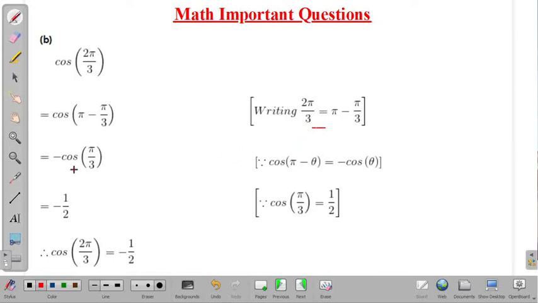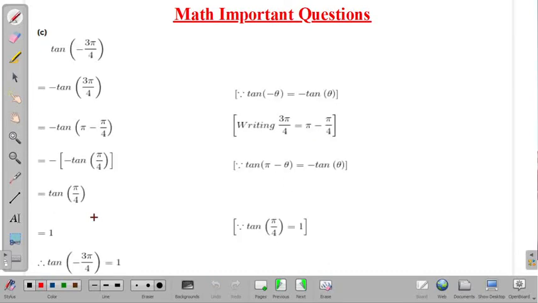So we will get minus cos pi by 3, and the value of cos pi by 3 is equal to 1 by 2. So substituting here we will get minus 1 by 2. Therefore cos 2 pi by 3 equal to minus 1 by 2.